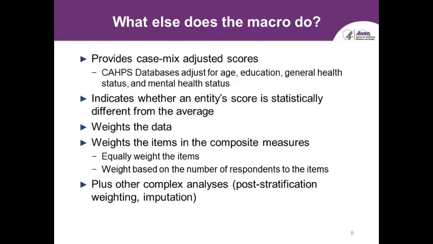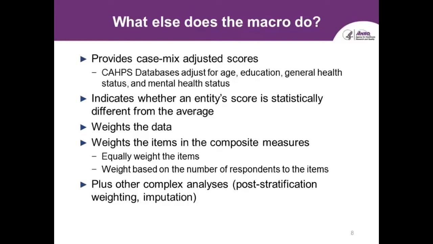Without such adjustments, score differences between entities could be due to differences in external factors rather than true differences in performance on the CAHPS measures. The macro also indicates whether an entity score is statistically different from all the other entities being analyzed.